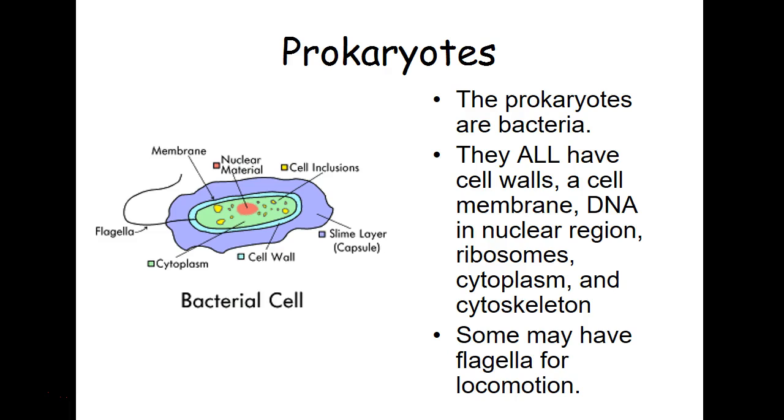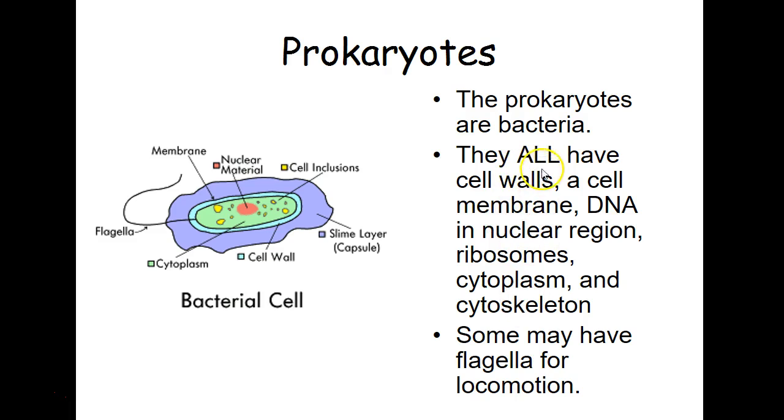The cytoskeleton is what holds the cell together. So think of your skeleton. Cytoskeleton is the cell's skeleton. It provides framework for the cell. So these are all the things that bacteria have in common.